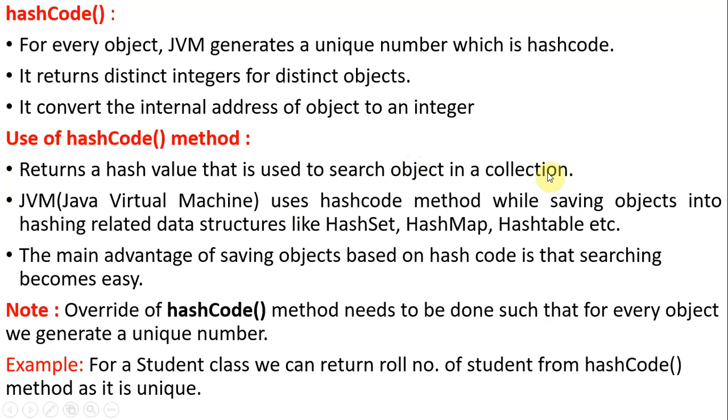To search the values in the collection, this hash code is useful. Next, the JVM uses this hash code while saving the object in some data structures like HashSet, HashMap, Hashtable. So to store the object in these kinds of data structures, this hash code is useful to the JVM.